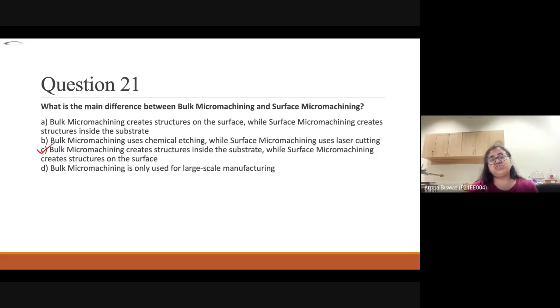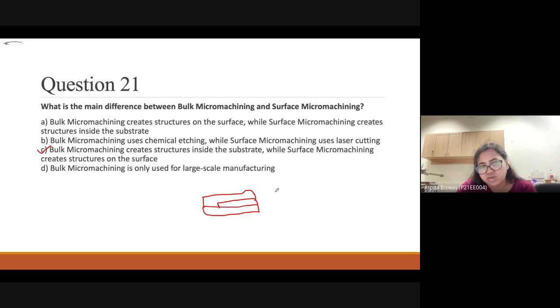My question is how it can be bulk micromachining if you try to fabricate the cantilever. Here is the cantilever structure. See carefully. There is a structure present, and there is a sacrificial layer present, right? And here you have deposited some metal, the cantilever metal.